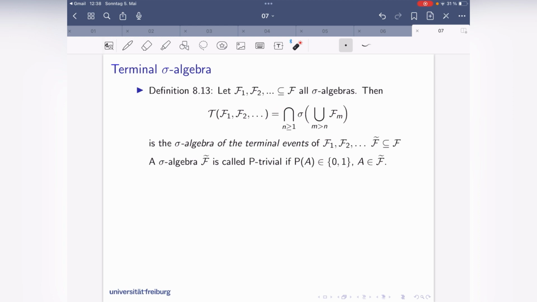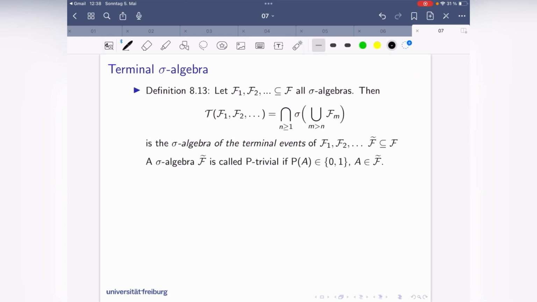Okay, what does it contain? The union here contains events which depend on all F_m's, m bigger than n. And must do so by this intersection here for all n. So here are events which only depend on the tail of the F_m's.